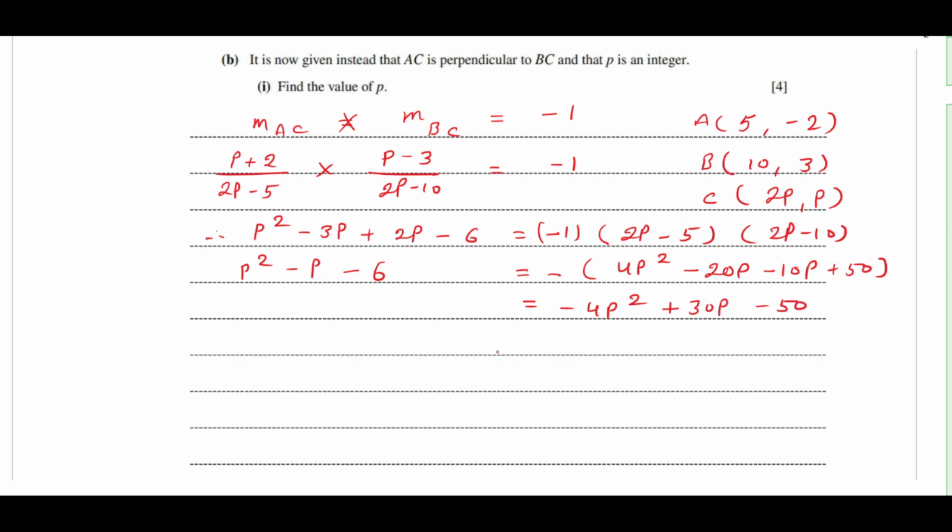So what we get is a quadratic equation, and we have to simplify that quadratic equation. Therefore it is 5 times p square minus 31 times p plus 44 equal to 0.